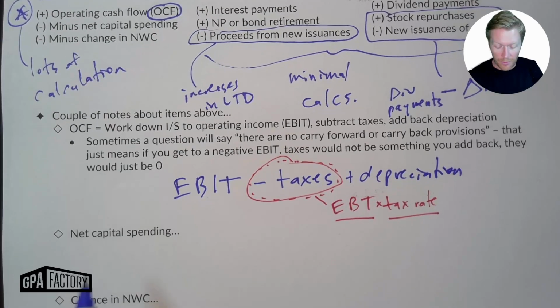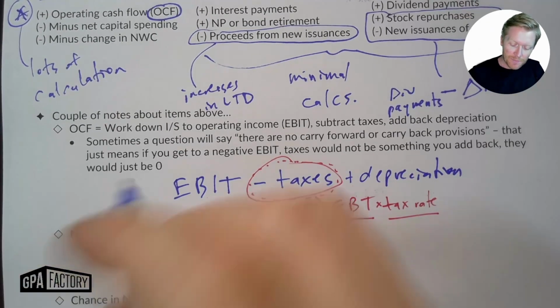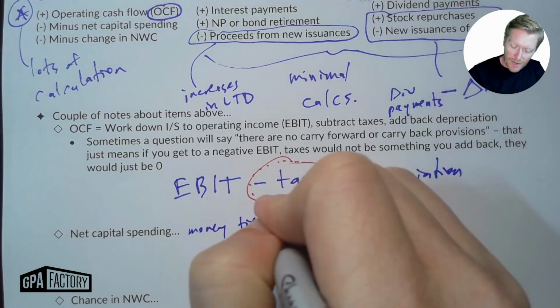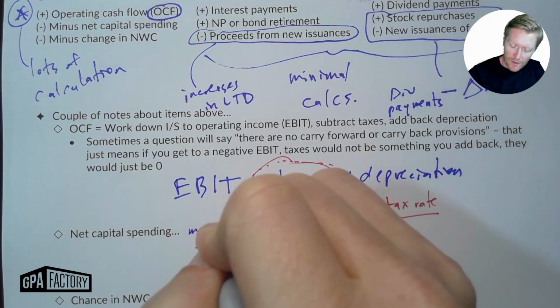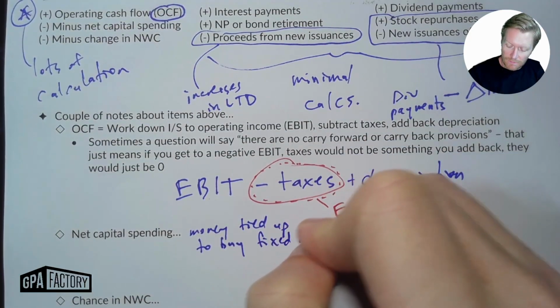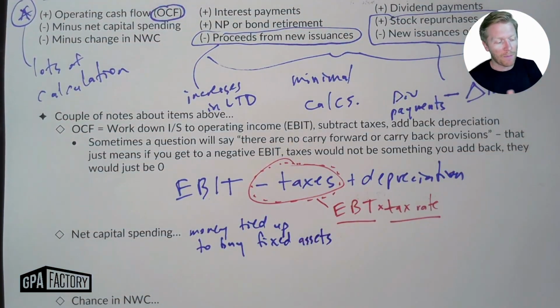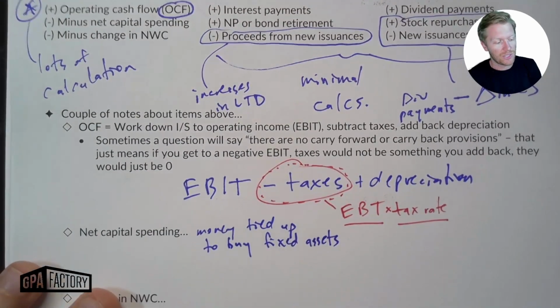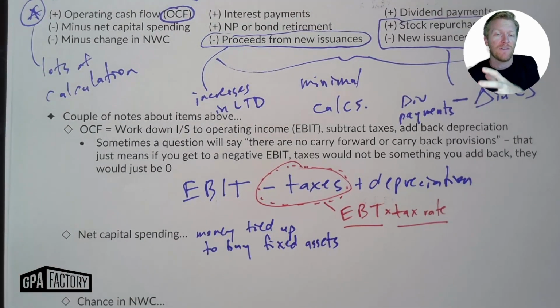And there we go. Here we got net capital spending. Net capital spending is basically money spent or tied up, money tied up to buy fixed assets. So we're subtracting that from operating cash flow for these cash flows generated by assets. Starting with our operating cash flow, how much is the firm generating?